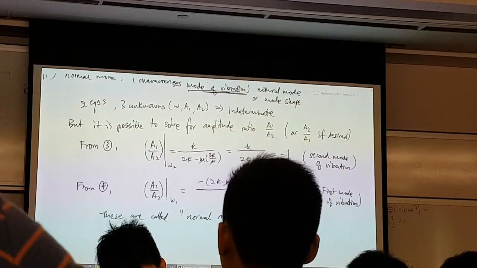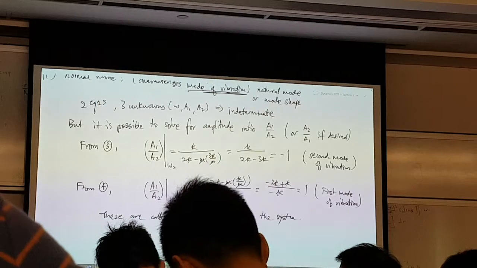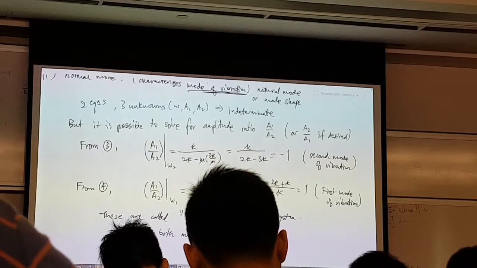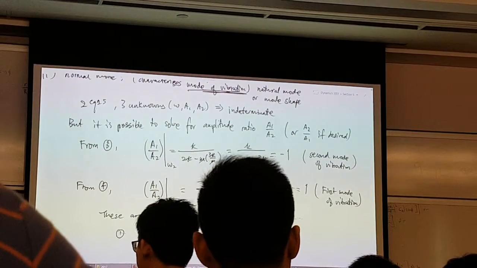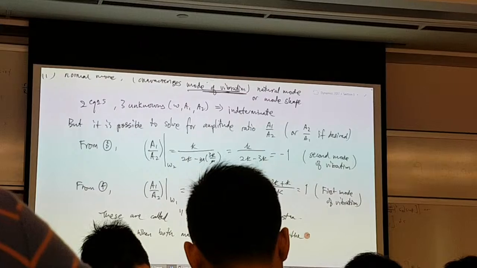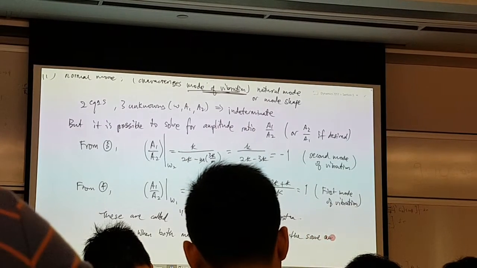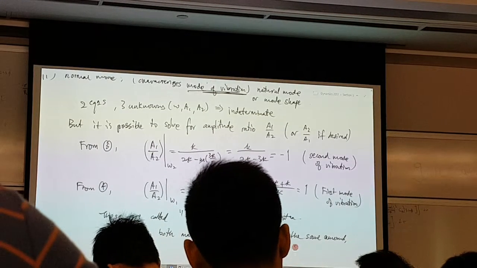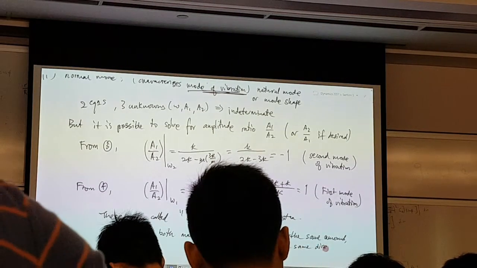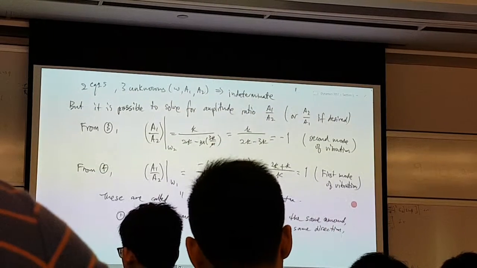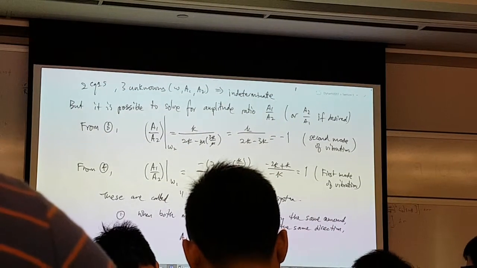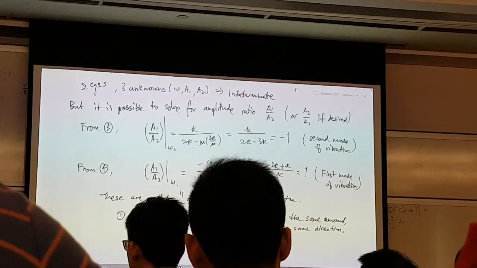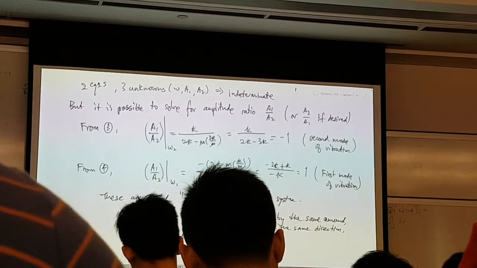Case 1. When both masses M are displaced by the same amount, in the same direction. That means A1 equals A2. So that leads to your amplitude ratio, A1 over A2, equal to 1.